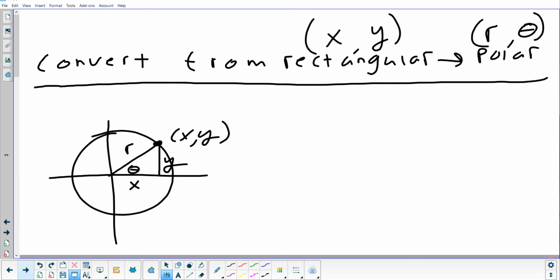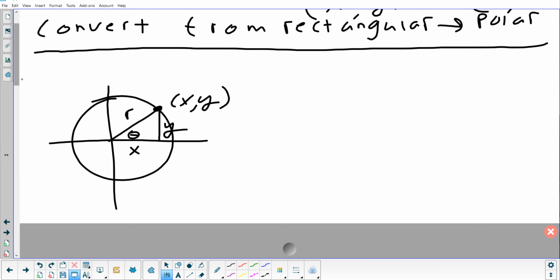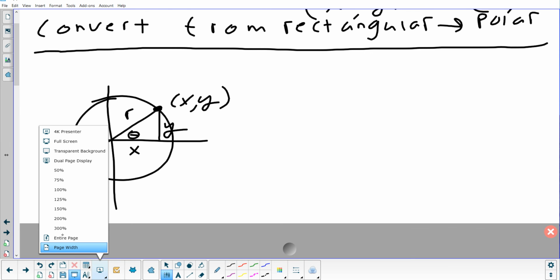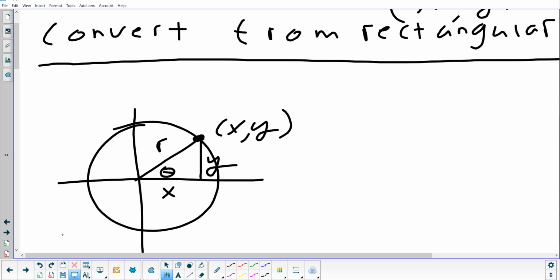So now they're going to give you a point like that, and you are going to know how far over and how far up you went. But you're going to have to turn the over and up into an amount of rotation. So you need to find this angle and a distance from the origin.